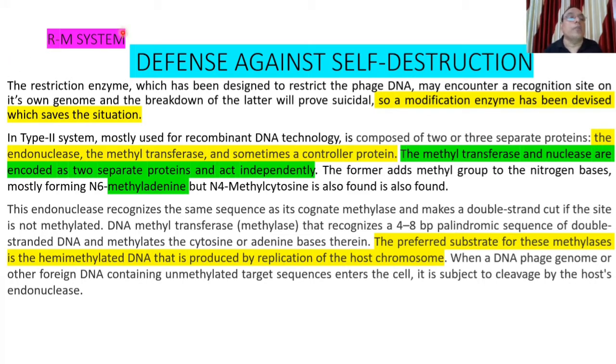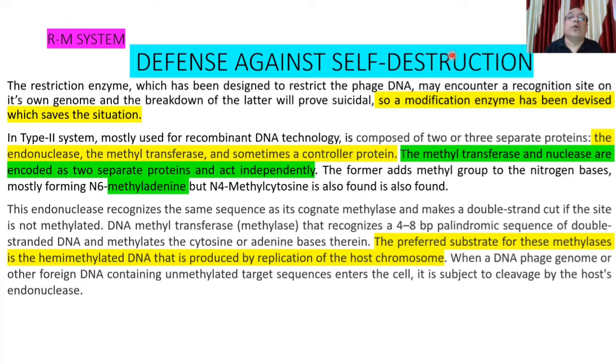So the restriction modification system is a system devised so that restriction occurs only for the infecting bacteriophages, whereas the genome of the bacteria itself is saved from that enzyme by carrying out modification. This system together is called the restriction modification system, and it represents the defense against self-destruction.